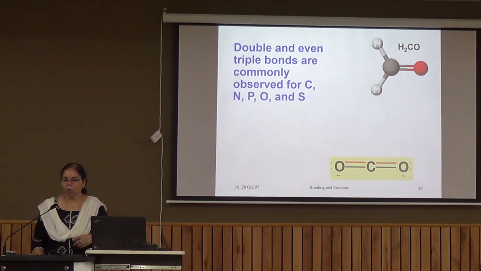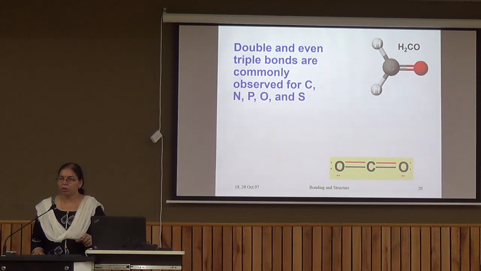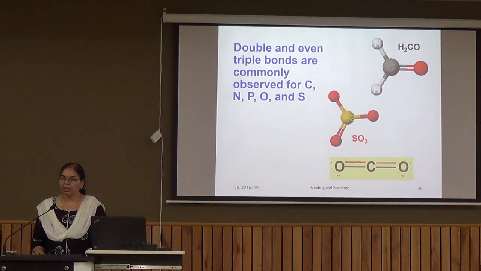Because these are all non-metallic elements and they have empty or incomplete p orbitals. Among the 3 p orbitals, one will form the sigma bond while the other two will form pi bonds. That is why generally the p block elements will form pi bonds, because they have incomplete p orbitals.